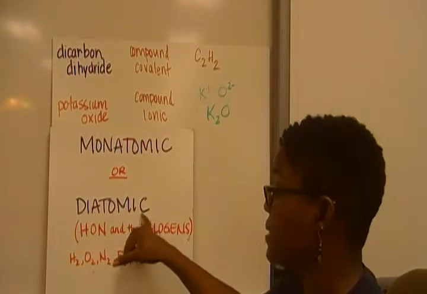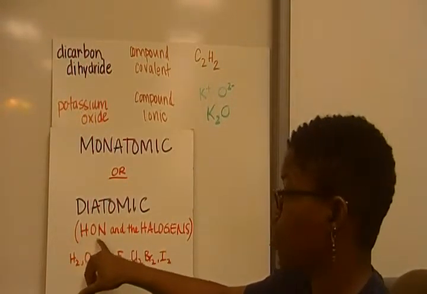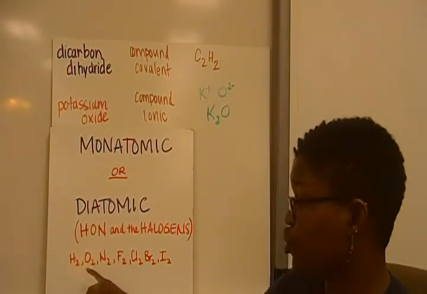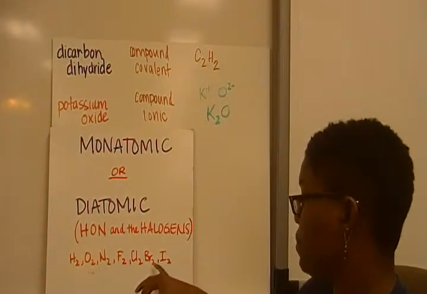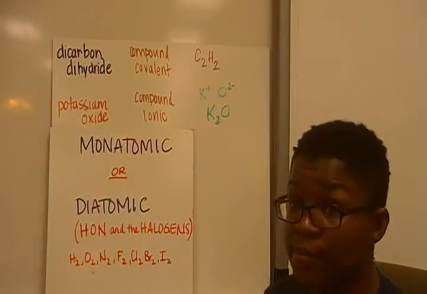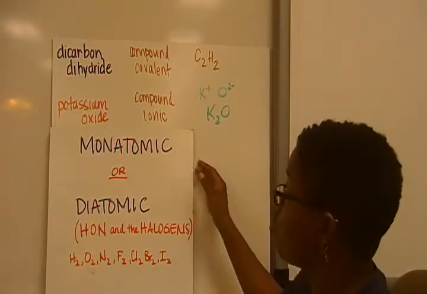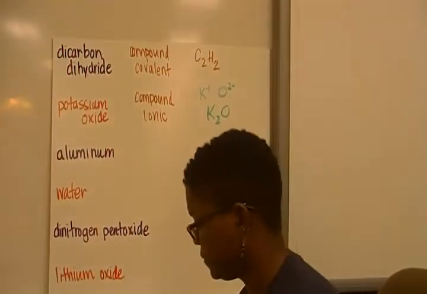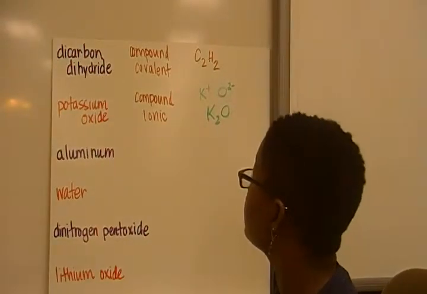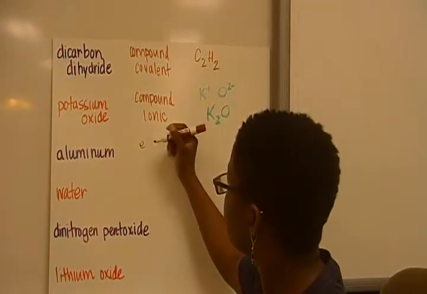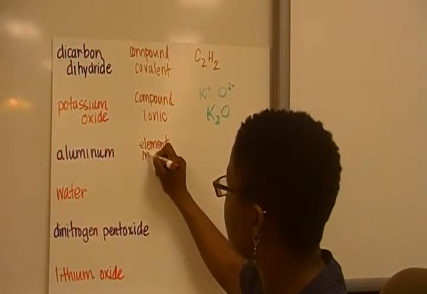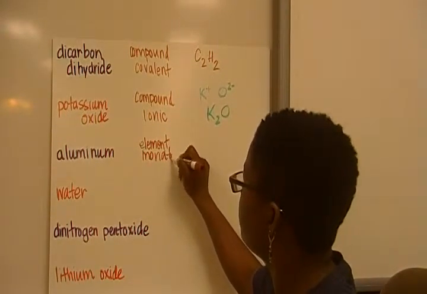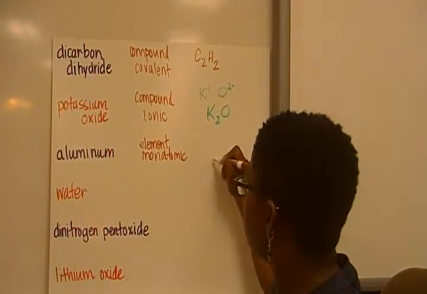However, there are some diatomic elements, and those are HON in the halogens: H2, O2, N2, F2, Cl2, Br2, and I2. Well, aluminum isn't any of those, so it is monatomic. And because it's a monatomic element, its symbol is just Al.